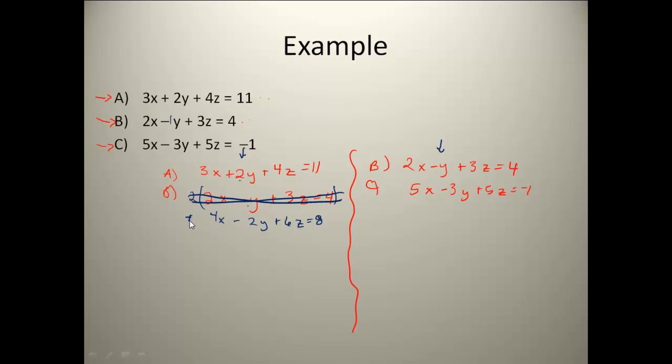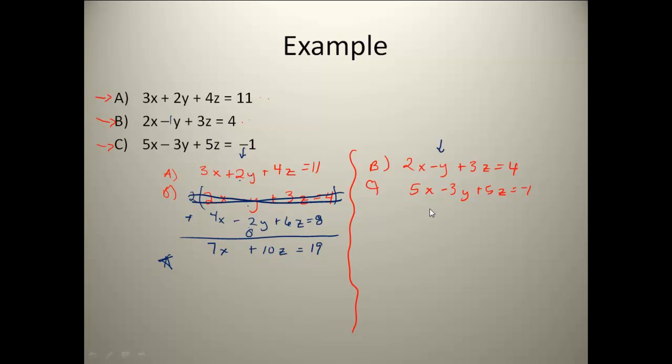Now I can go ahead and add my 2 equations together, and I would end up with 7x. The 2y minus 2y goes down to 0y, and then the 4z plus 6z gives me plus 10z, and then equals 8 plus 11 is 19. Now I have an equation left that only has 2 variables. We temporarily stop on this side.